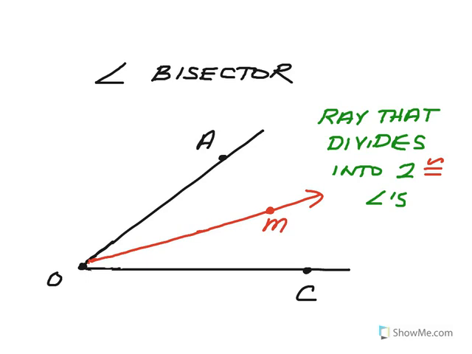It divides the big angle into two congruent angles. So from this I could say that angle AOM is congruent to angle MOC. And that's the definition of an angle bisector. And that's it.